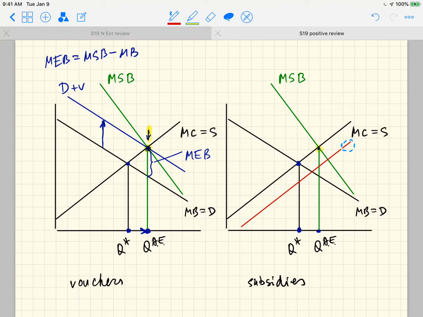And our goal is to keep shifting it until we push it to the point where demand meets supply, adjusted supply, right, at the point of allocative efficiency.